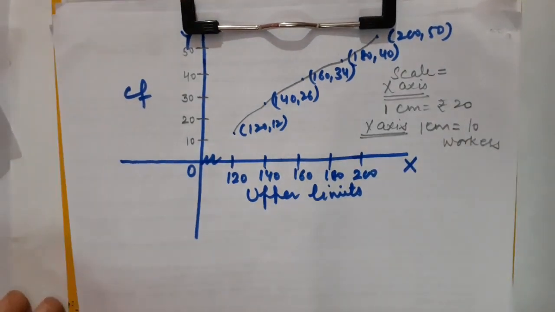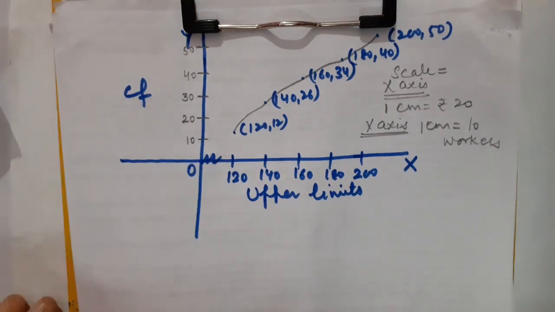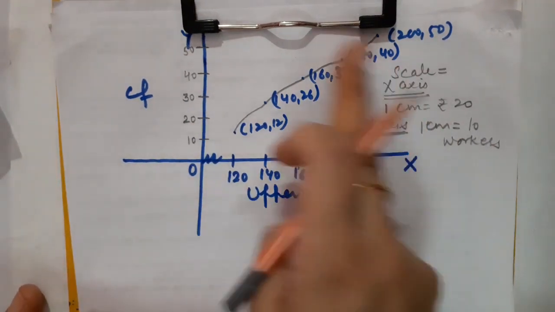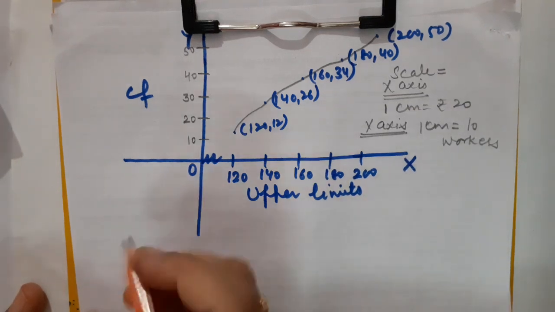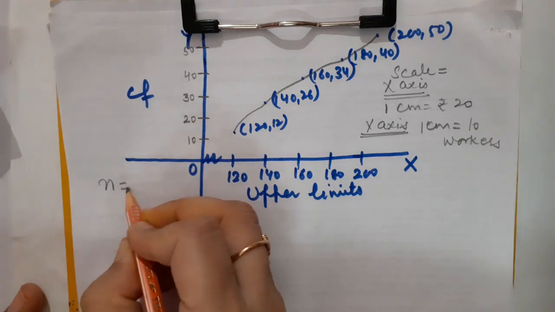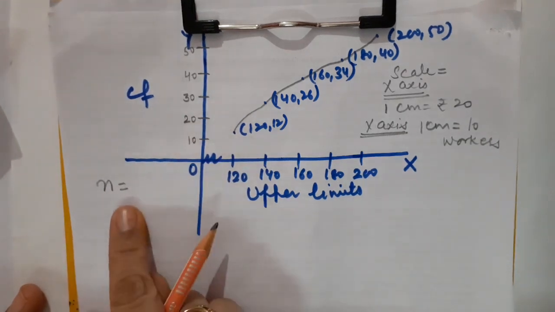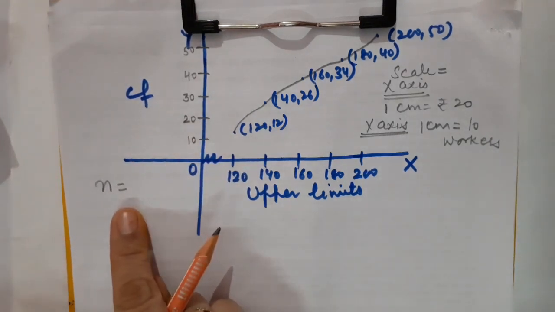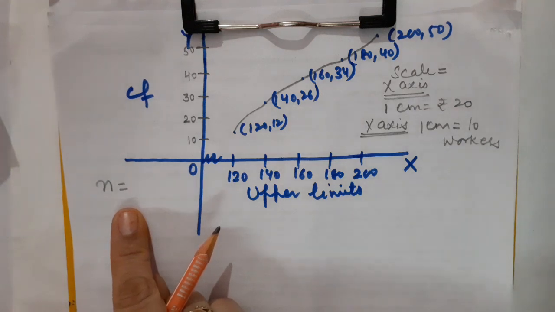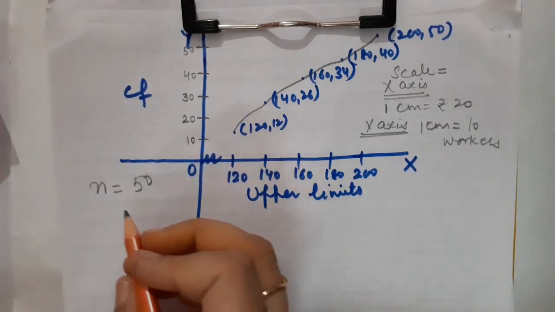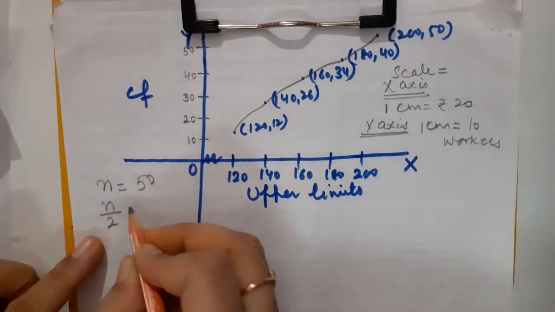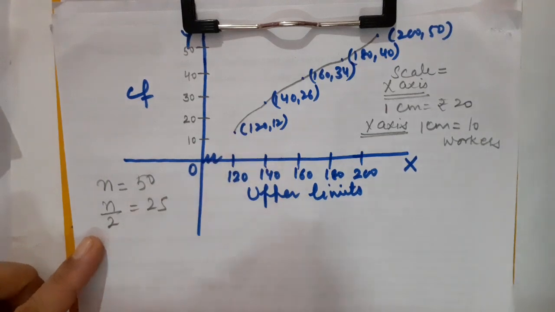Now children, using less than type ogive, we can calculate the median also. How we are going to calculate the median? As I told you that first of all we need n. Here you know that n means the number of observations, that is equal to 50. Why? Because there are 50 workers in the factory. And then I told you that we are supposed to take n by 2, that is 25.